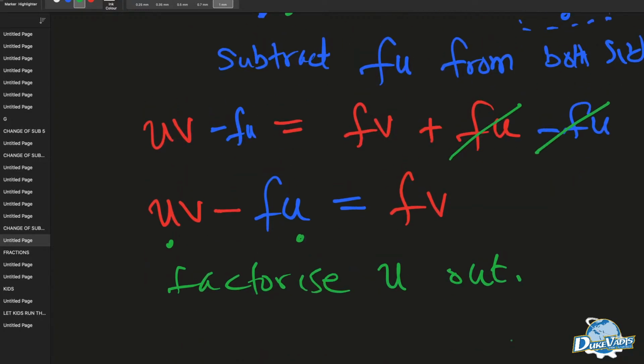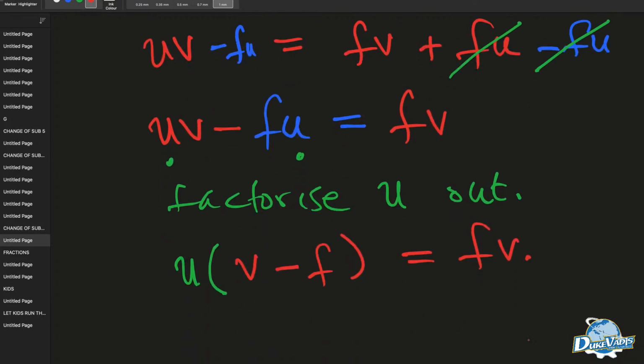We factorize that: we have U outside the bracket, V minus F, equals FV. You see, it's becoming easier. Now, this V minus F is multiplying U. Since it's multiplying U, I want to get rid of it.